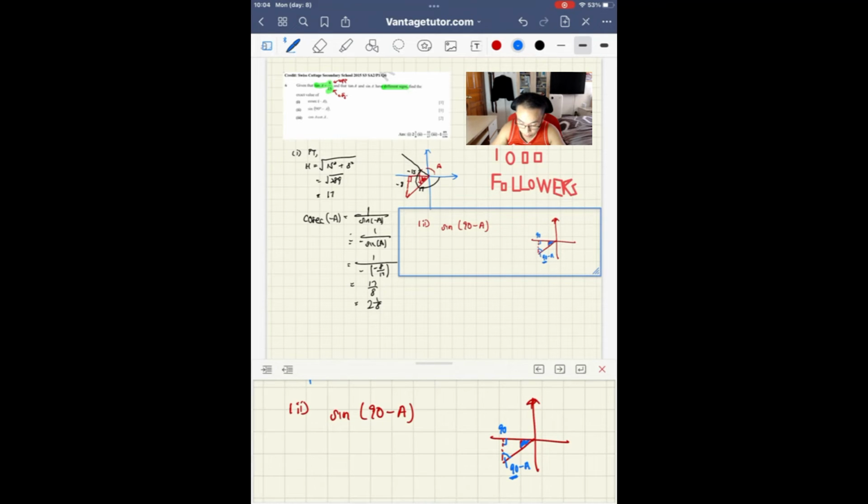So ultimately, we are trying to find my trigonometry ratio with respect to this black angle right here.